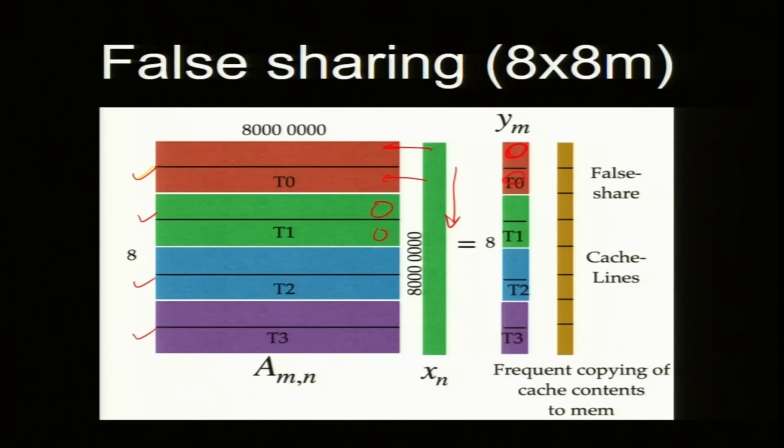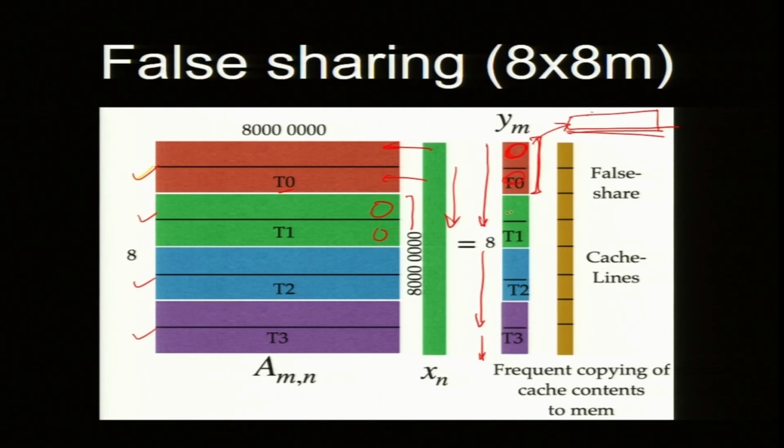What is the problem? My cache line is 8 doubles. So, this y is sitting in a cache, in one area of the cache. The cache has a lot of data, but all these numbers are sitting in one location, one area. Now, P0, the T0 process, is going to change these.